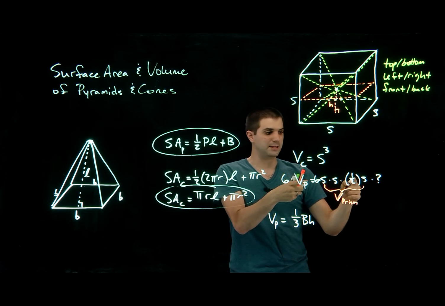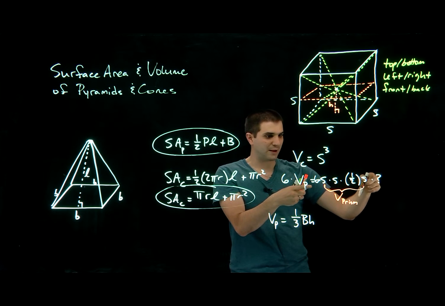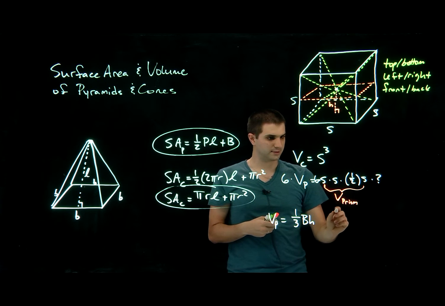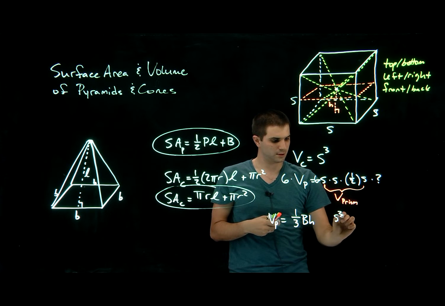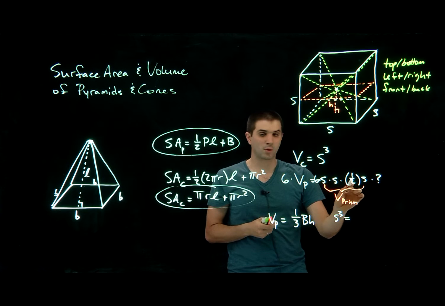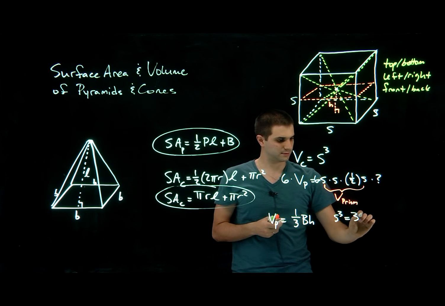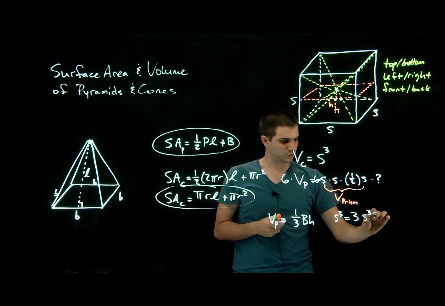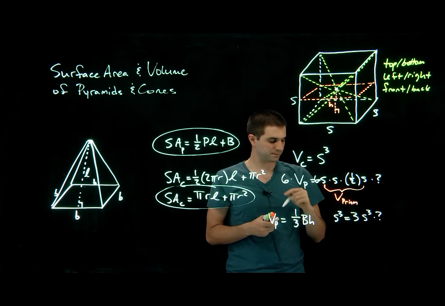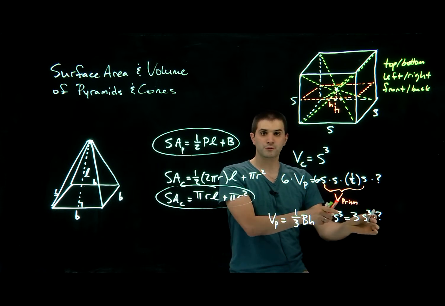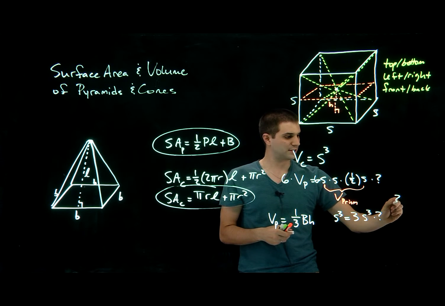Again, I don't know what this factor is, but let's see what this looks like. S cubed equals 6 times 1/2 is 3, 3 times S times S times S times question mark. So in order for these things to equal each other, question mark must equal 1/3.